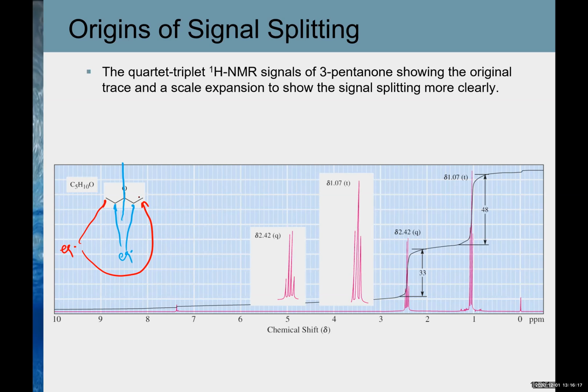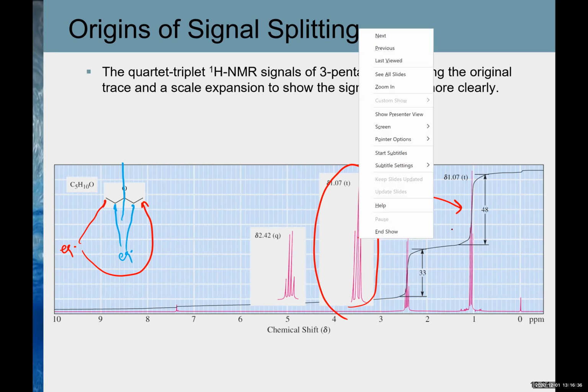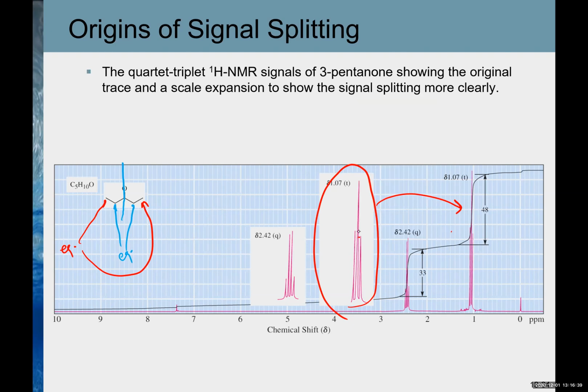For the red set, in the neighboring nearby, we have only two hydrogens. So the signal from red will split into a triplet. And that's what we see, a triplet here, which is this signal. The distance between, so this tiny distance here, that distance is the coupling constant, J.